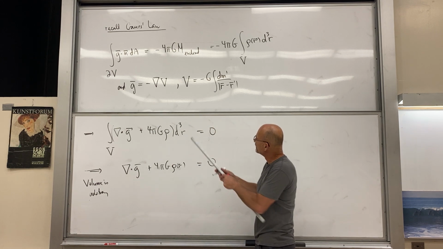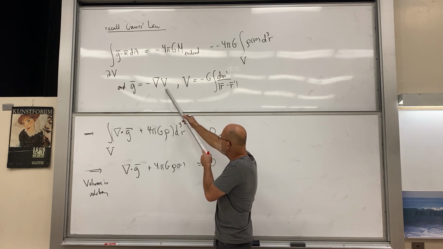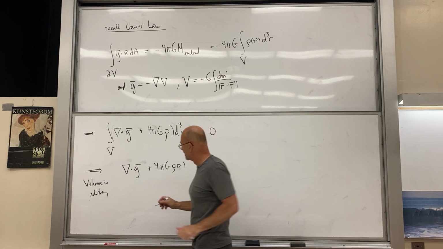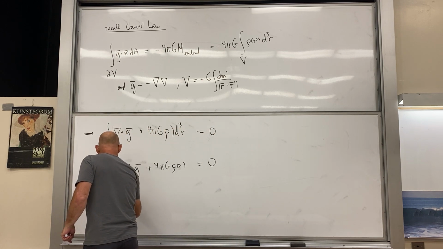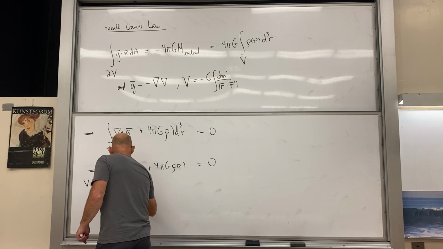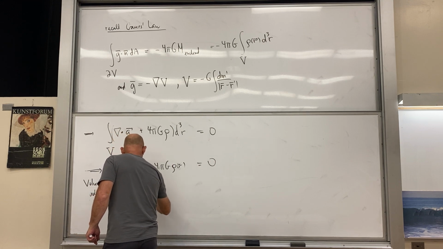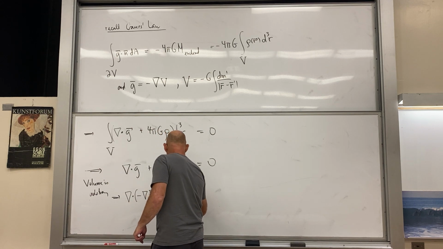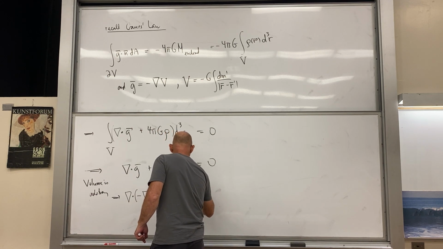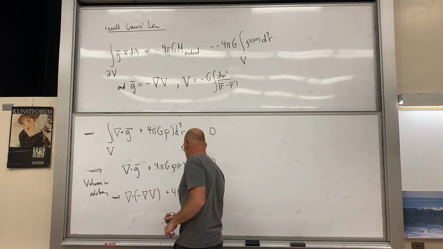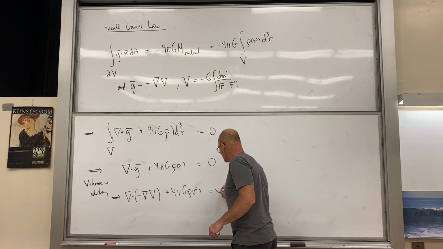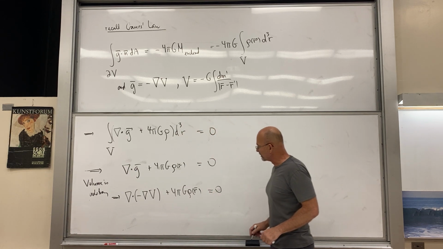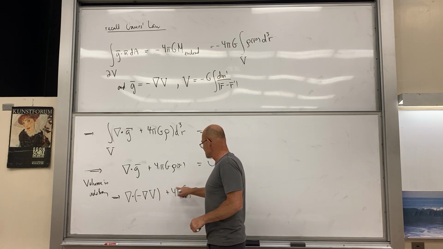And then we can take G being minus the gradient of V, and then we can say divergence of minus the gradient of V plus 4 pi G rho of r is equal to 0. And we'll just bring the minus sign.